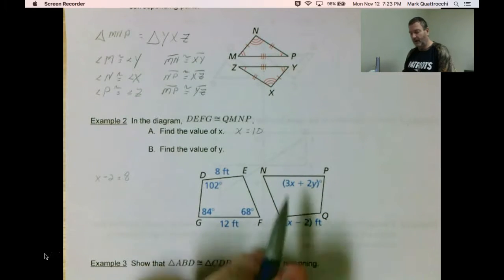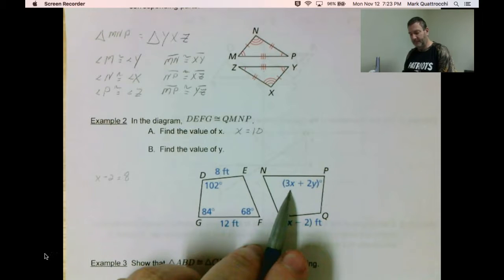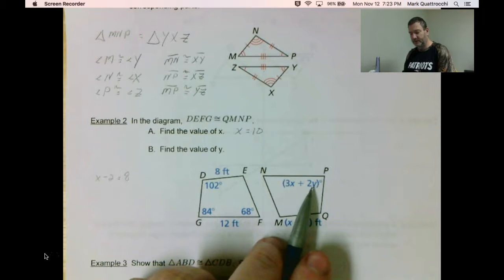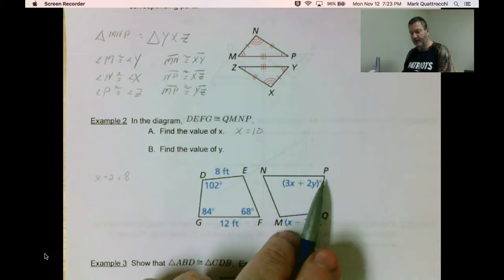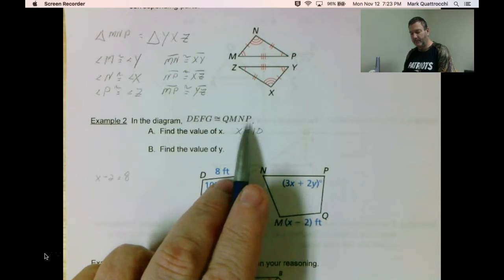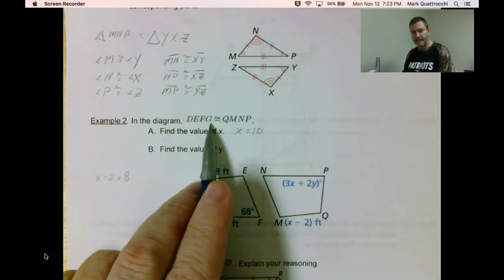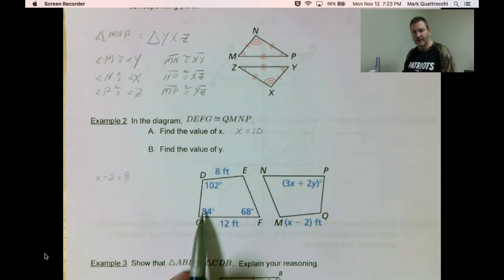Find the value of y. Well, if x is 10, then this is 30 plus 2y, and this is angle P. Angle P matches up with angle G. Angle G is 84 degrees.